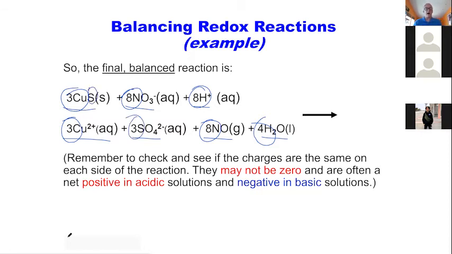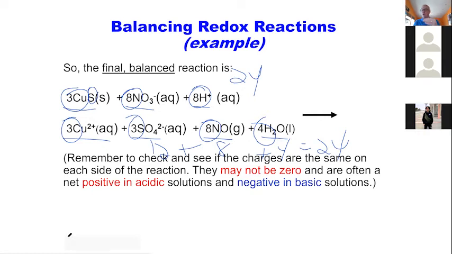And the same number of oxygens: we've got 24 on this side, and we have 12 plus 8 plus 4, 24. The last thing you should check is whether the charge is the same on both sides.